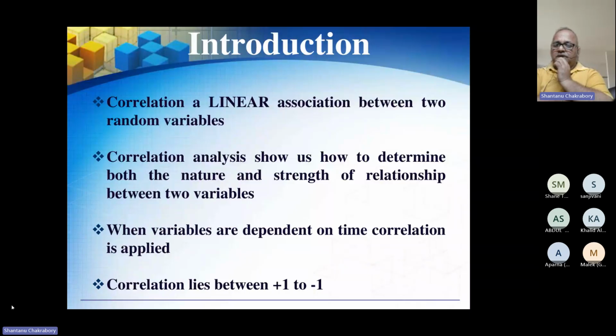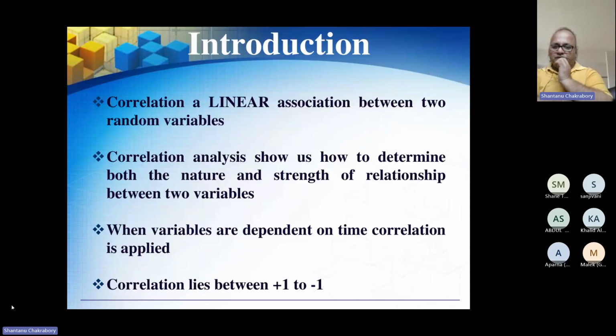So if you take a random variable x and a random variable y, what we try to figure out is the linear association between x and y, which gives us the correlation coefficient.